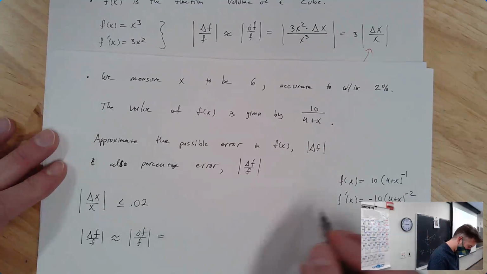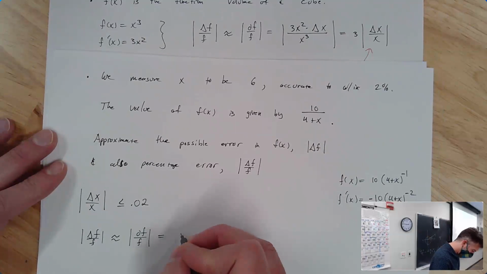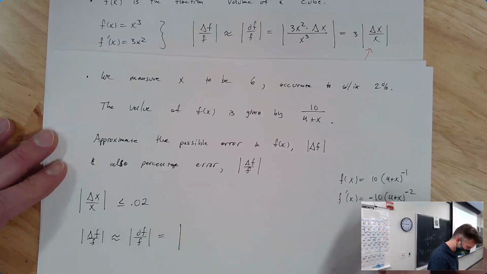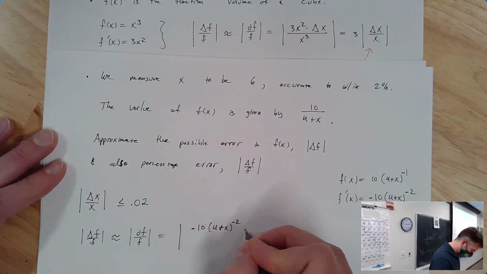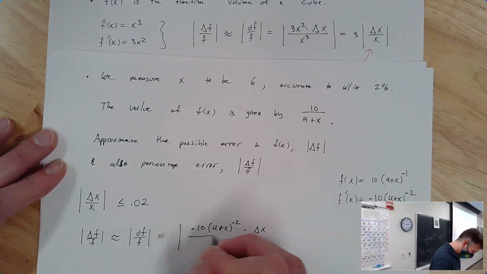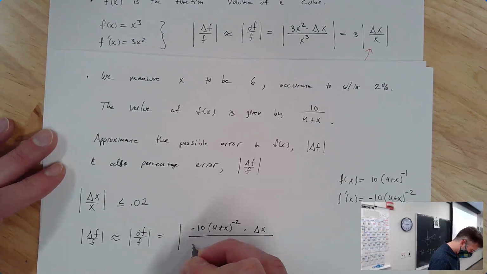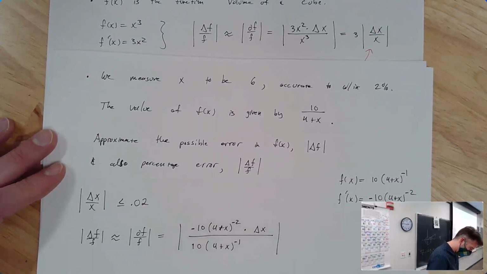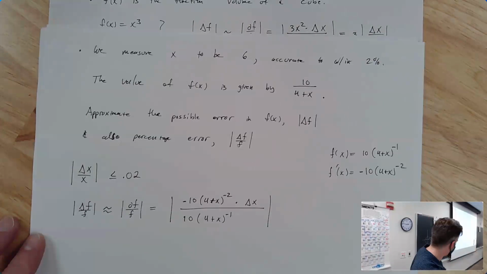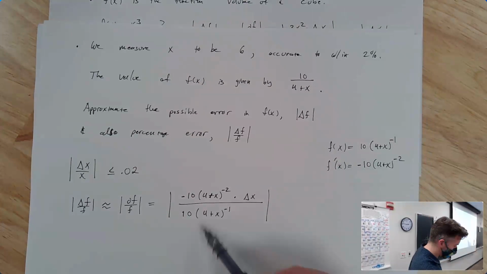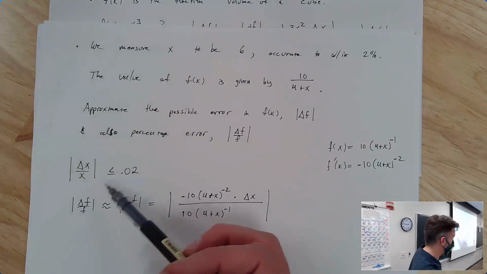So if I'm going to write df, that's the derivative times your delta x over your original function. And if you're looking at this and thinking it looks terrible, you're right.